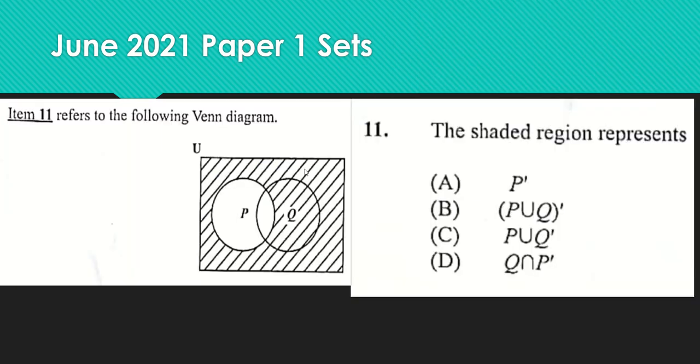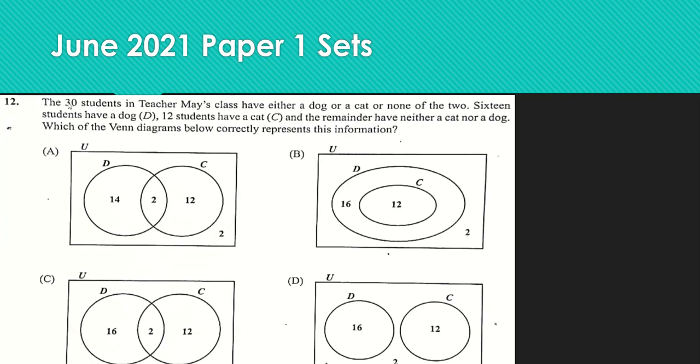Right? Let's look at the next question. This here, the shaded region, we did this already, is P complement, meaning everything outside of P is shaded. This question they like to bring, but read it please, because there are two variations of it. They would either tell you that it's a subset, or they wouldn't tell you anything about subsets. So let's read it. The 30 students in Teacher May's class have either a dog or a cat, or none of the two. 16 students have a dog, 12 students have a cat, and the remainder have neither.